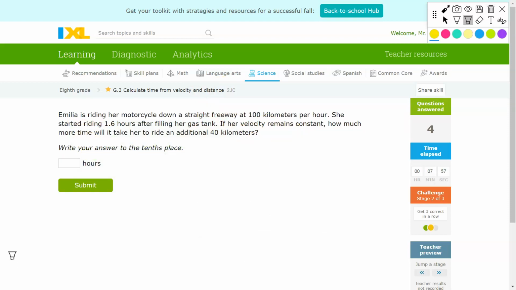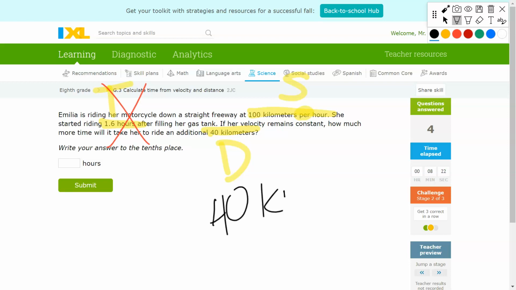We have 100 kilometers per hour. That is your speed because of the word per right there. 1.6 hours is the unit of time, and 40 kilometers is your unit of distance. So you are going to ignore the unit of time because that's the one you do not need. Alright, so you're going to do 40 kilometers.